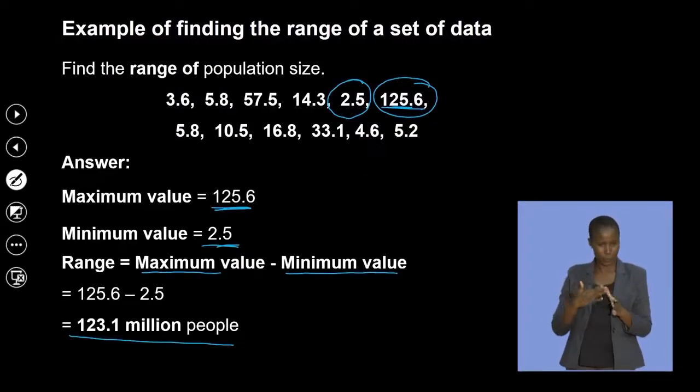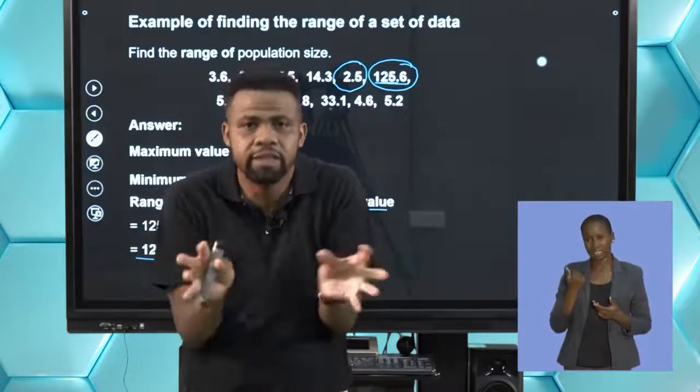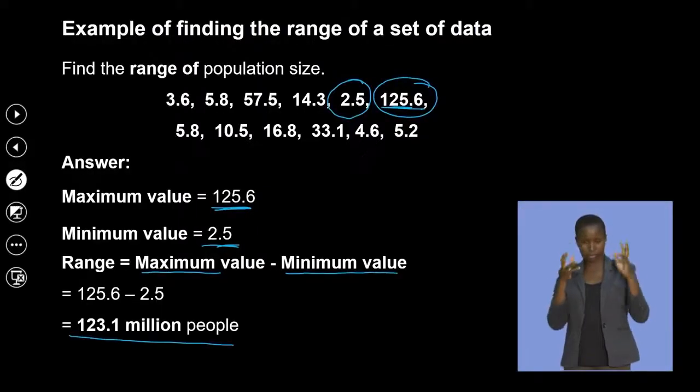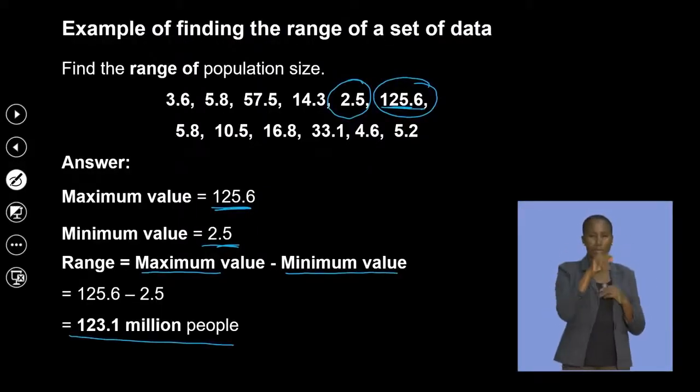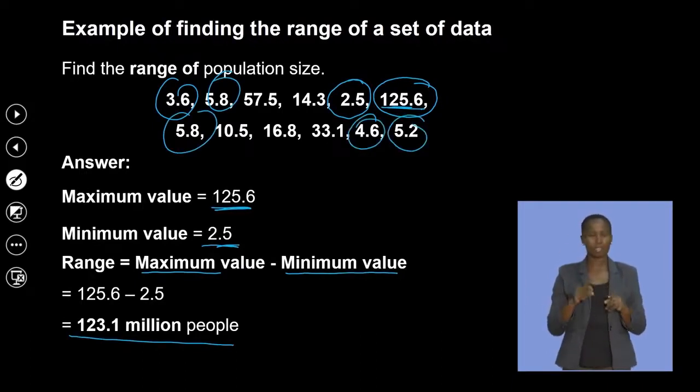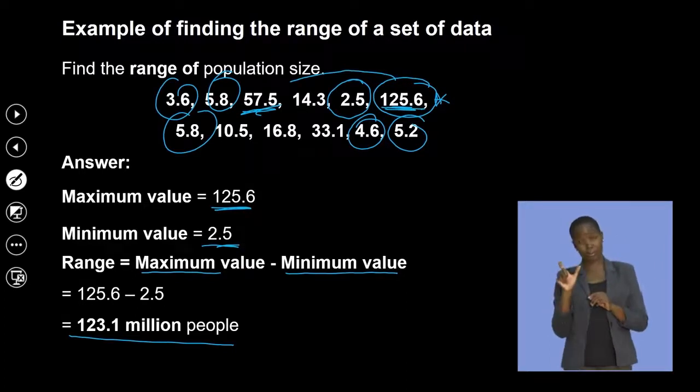It's the biggest, and it doesn't fit within that data set in terms of population. You have 3.6 million, 5.8, very close together. But those two are among the biggest in that set of data. Are we all together?